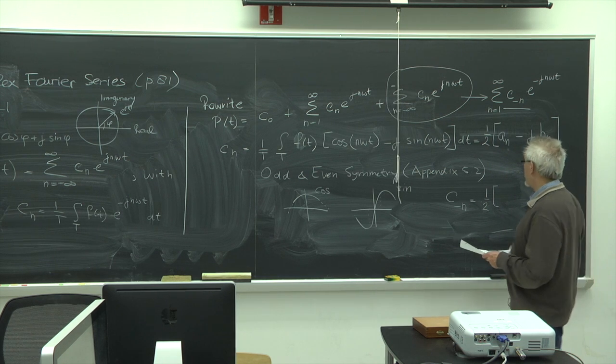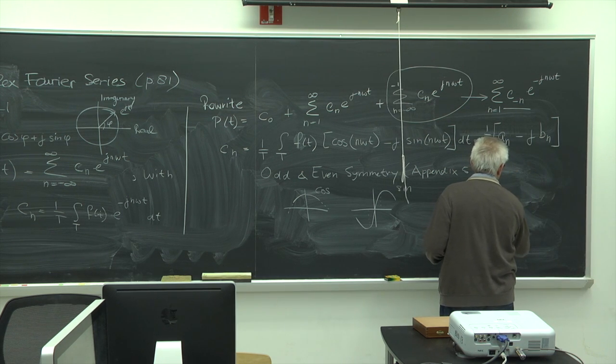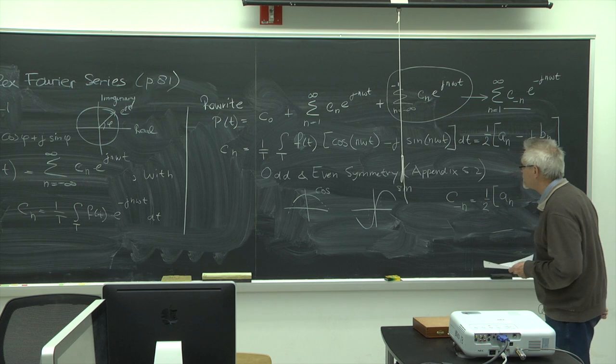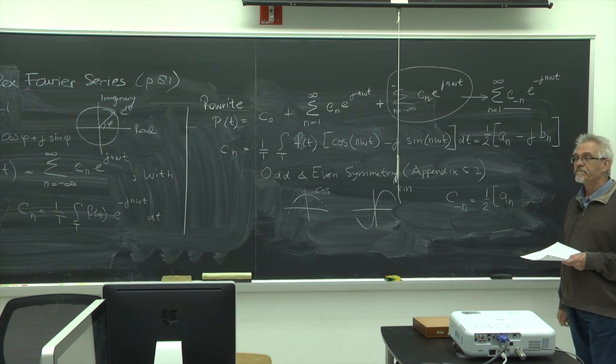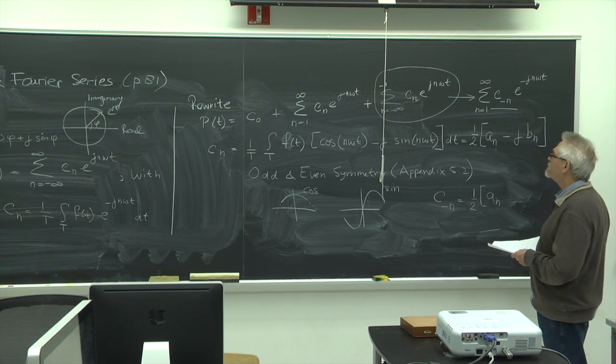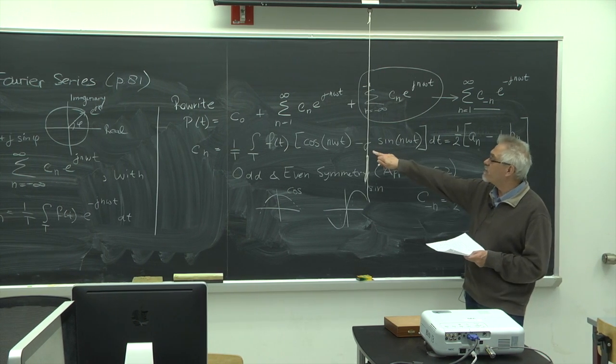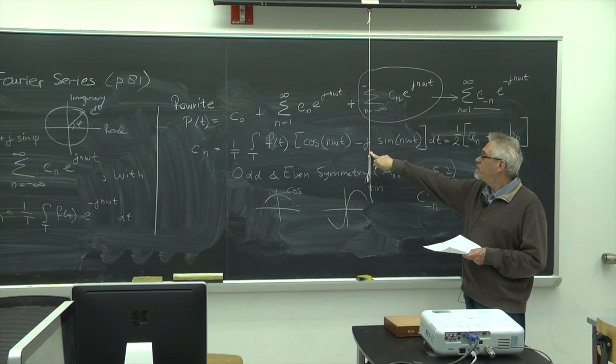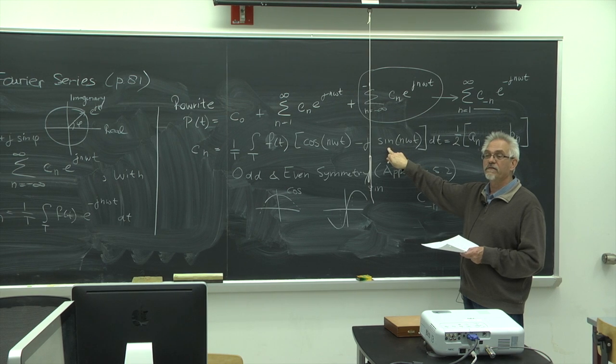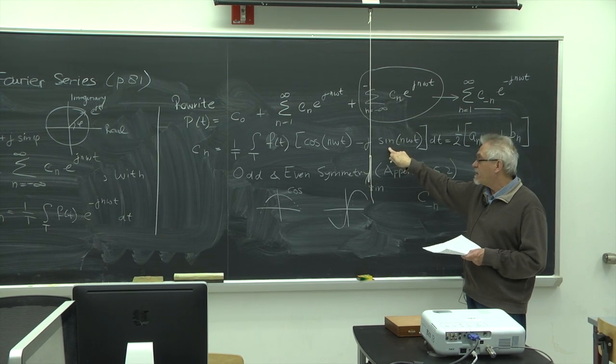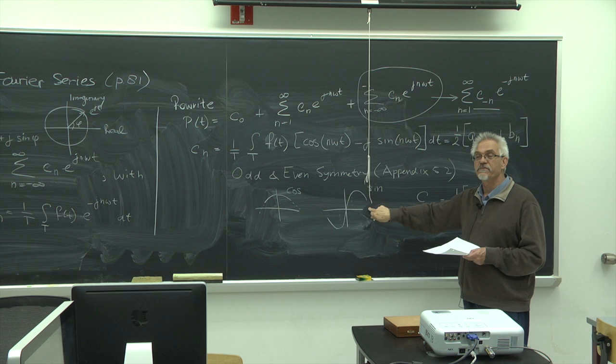So that means that I can write that it is going to be exactly the same thing as Cn. However, the imaginary component of this expression is sine wave related. And that is related to an odd symmetry.